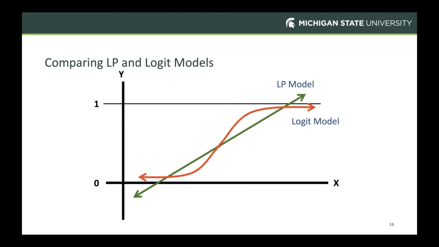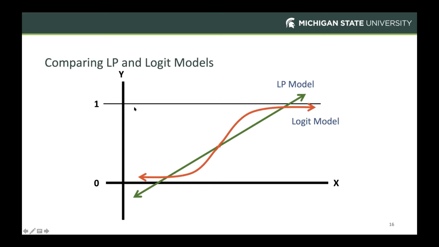And so the logistic regression model basically circumvents that because it takes this general S shape. And so that S curve is going to asymptotically approach 0 on this extreme and 1 on this extreme, for example. Or alternately, in some circumstances, we may see the S curve in the opposite direction.